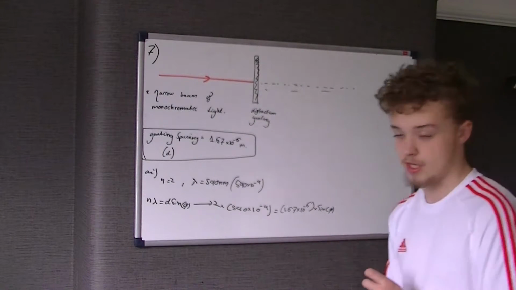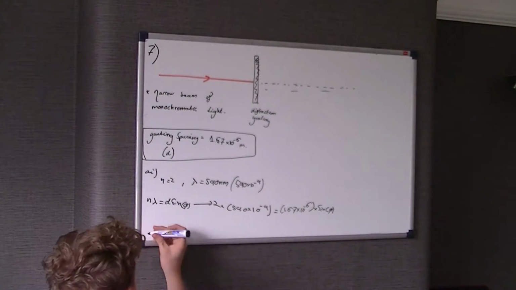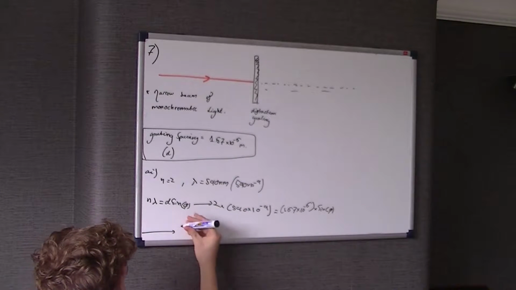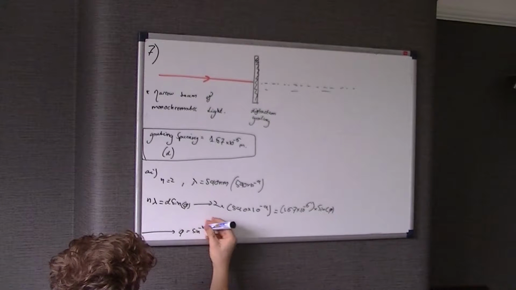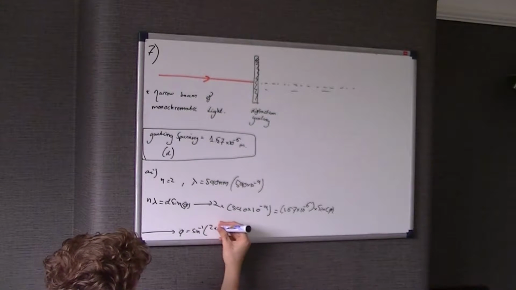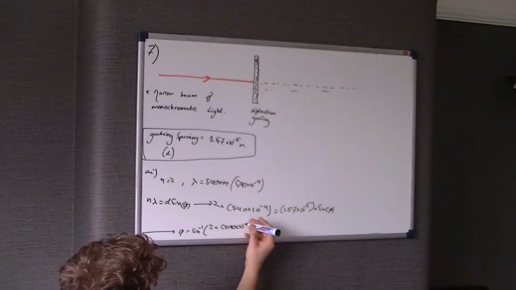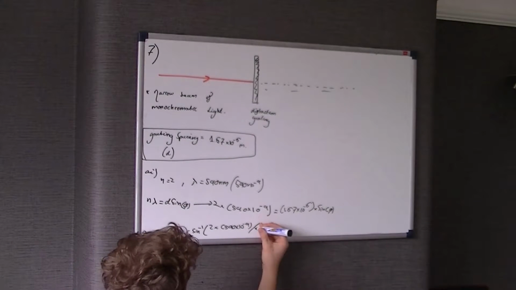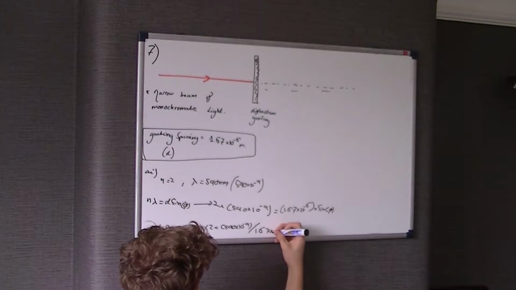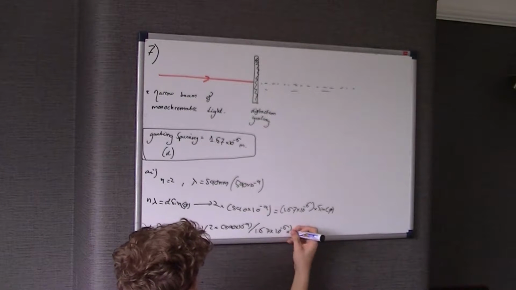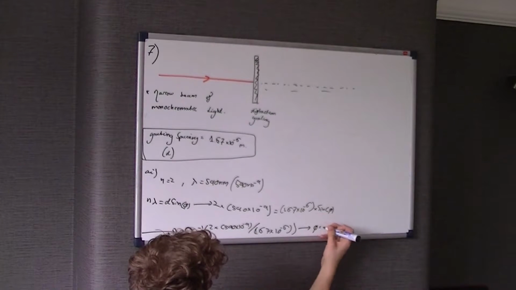It's just rearranging and taking the inverse sine, or arc sine, to get theta. So theta is equal to the inverse sine of 2 times 590 times 10 to the -9, all over 1.67 times 10 to the -6. You shove that all in your calculator and you get the angle theta.